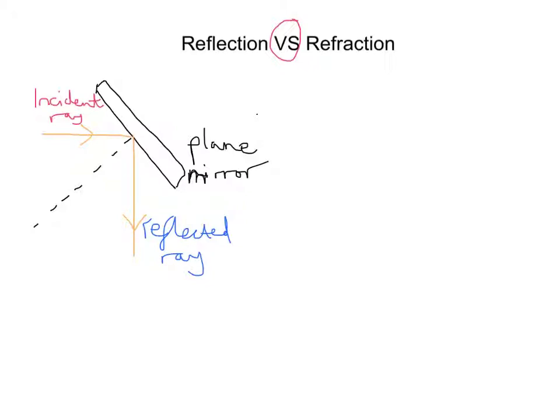Now this angle here, whilst I'm shading that part in red, that angle there, the angle between the normal and the incident wave or incident ray, that's what we call our angle of incidence.